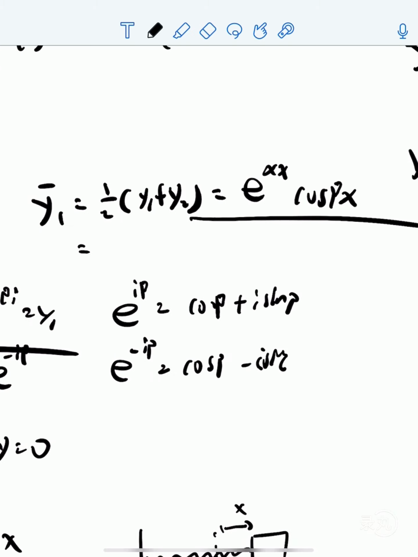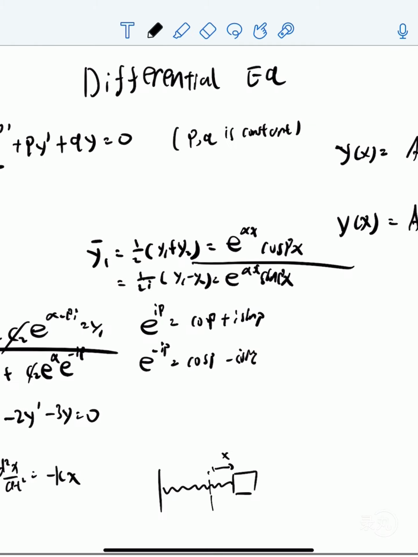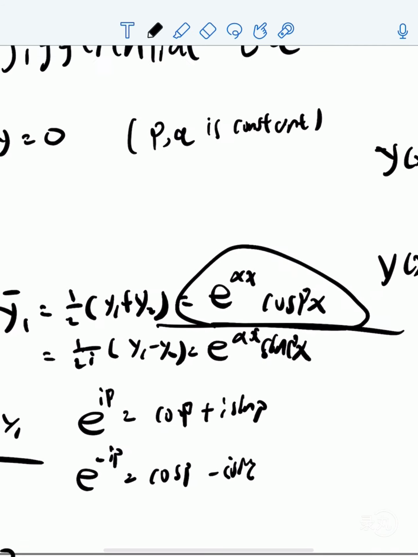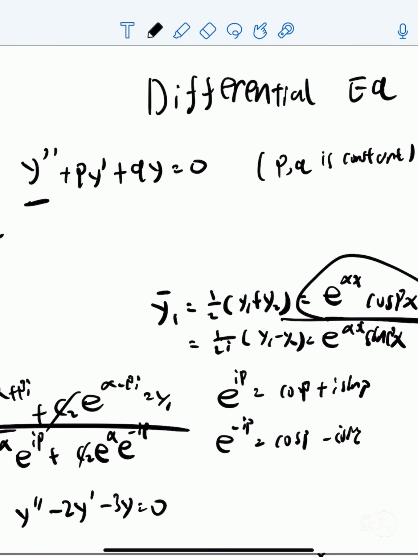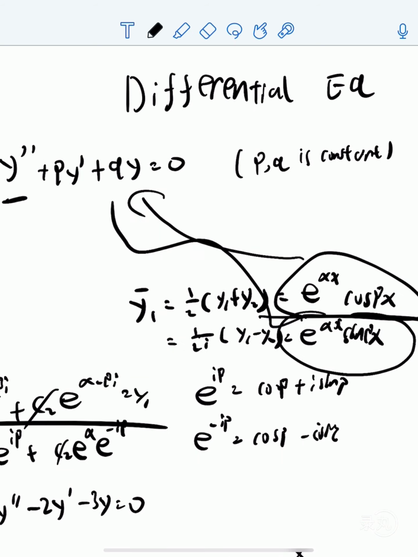And now we have this: 1 divided by 2i times (y1 minus y2) is equal to this. Now we can see that this is a solution for this equation, and this is also a solution for this equation.